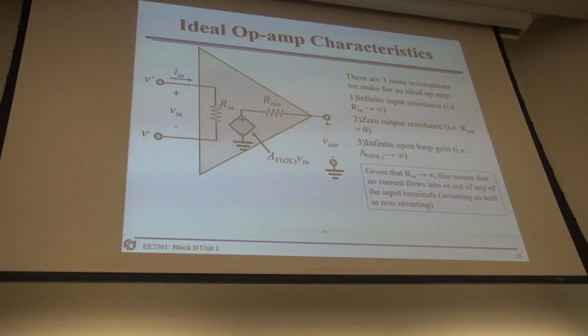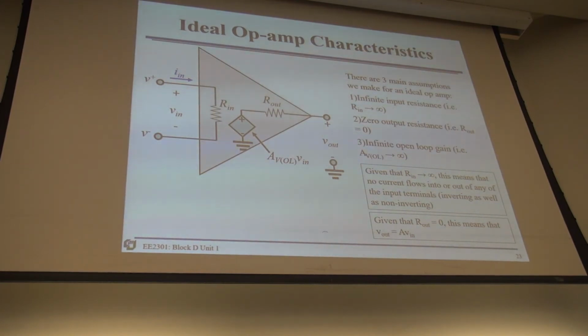So that means for this op amp, the current flowing into the amplifier is almost zero. That's very important, no matter whether inverting or non-inverting. So the current out is also almost zero. Basically we don't have any current getting inside the triangle shape. So V out is A times V in.